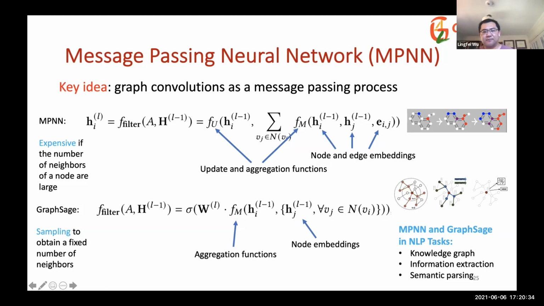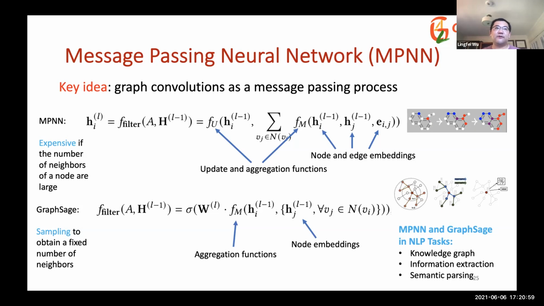The aggregation function is used to aggregate the node and edge embeddings and treat them as a message, and later this message is combined with the embedding from the previous layer, and then the update function generates the updated node embedding. So this is a very generic framework.